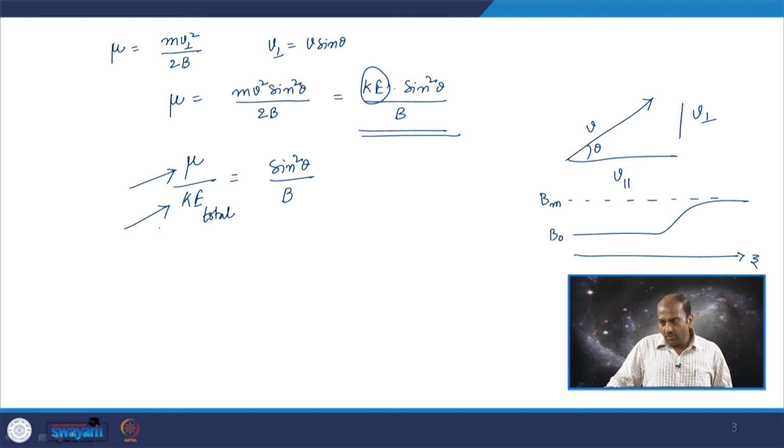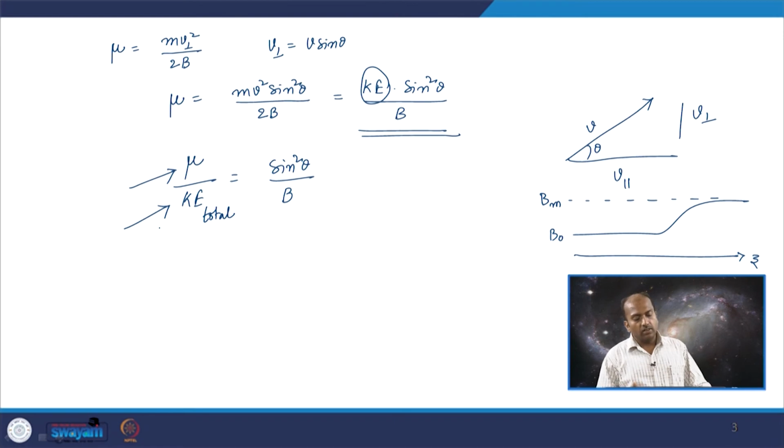It is conserved only under certain situations where the change in the magnetic field is very, very large in comparison to one gyro radius. This limiting condition is what defines the adiabatic invariance. So it's not an overall invariance, it's an adiabatic invariance. That means only under certain conditions this invariance is valid, right.